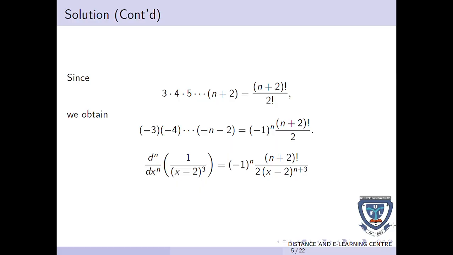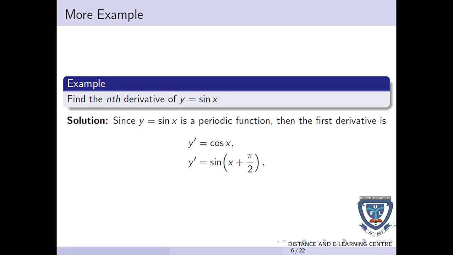Now, since 3 times 4 times 5 continuing to n plus 2 is equal to (n plus 2) factorial all over 2 factorial, we obtain that d^n y/dx^n, the derivative of the nth order, will give us (minus 1) raised to power n times (n plus 2) factorial all over 2 times (x minus 2) raised to power n plus 3. Let's look at another example.